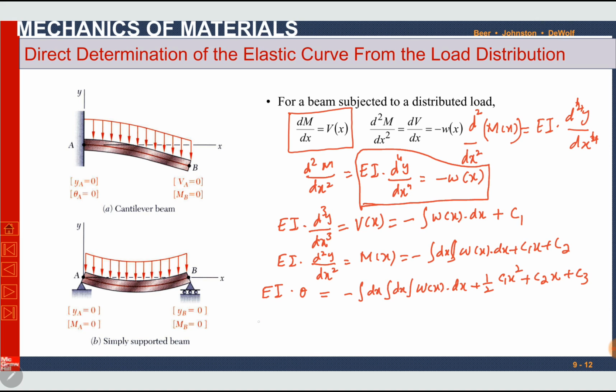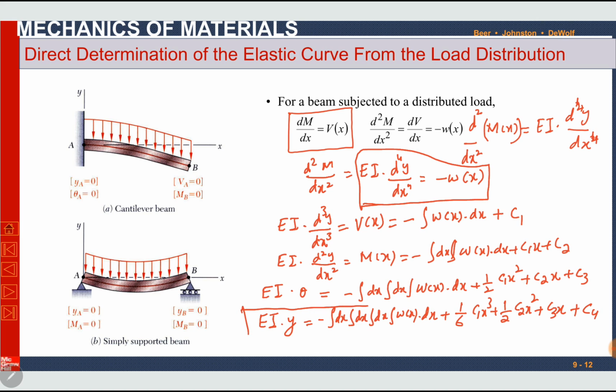Integrating once again, here we have EI y, where y is deflection. Here will be 4 integrals of the load function plus integral of x square will be x cubed by 3, so it becomes 1 over 6 C1x cube plus 1 over 2 C2x square plus C3x plus C4.